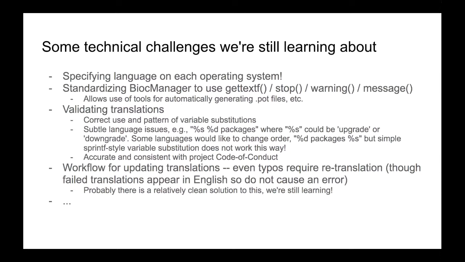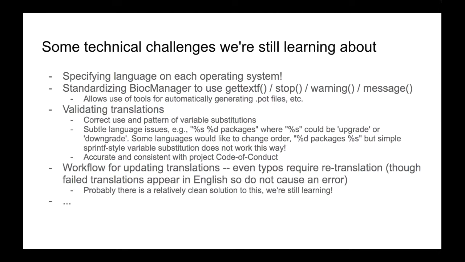There are lots of issues with translation and validating translation that can be tricky. Like in an sprintf, you have to have the sequence %s, %d. %s has to correspond to a character string, %d to an integer number.